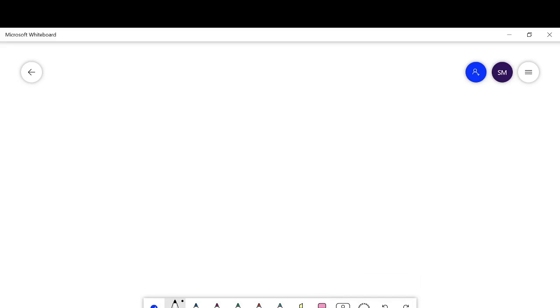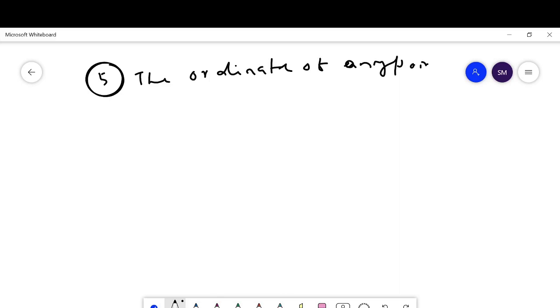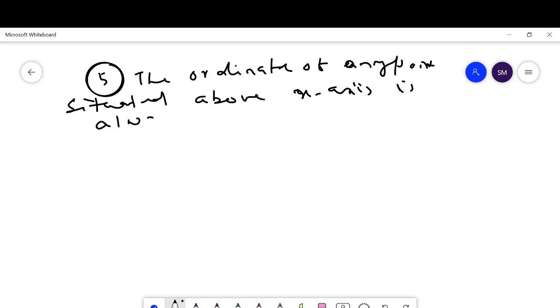The ordinate of any point situated above the x-axis is always positive.